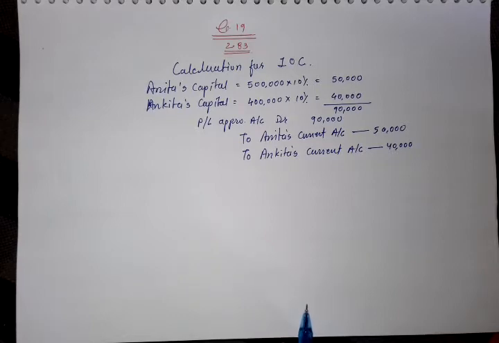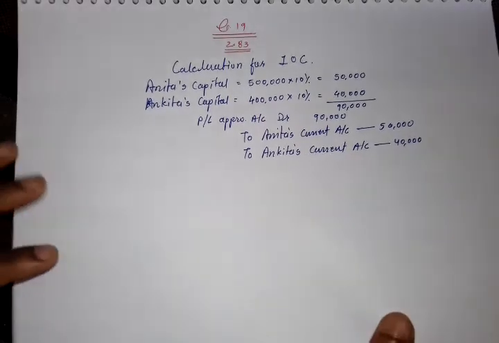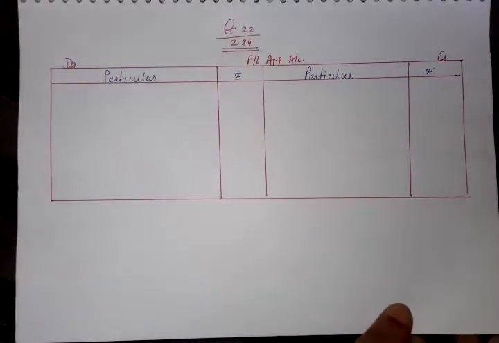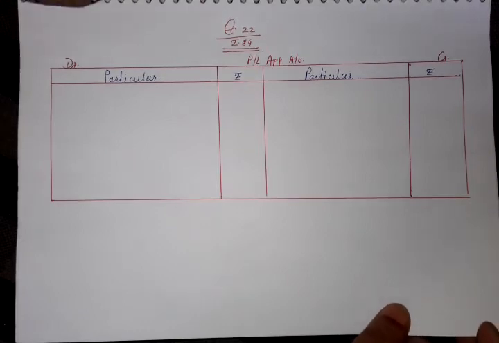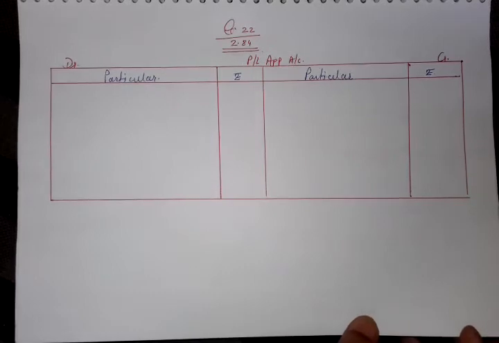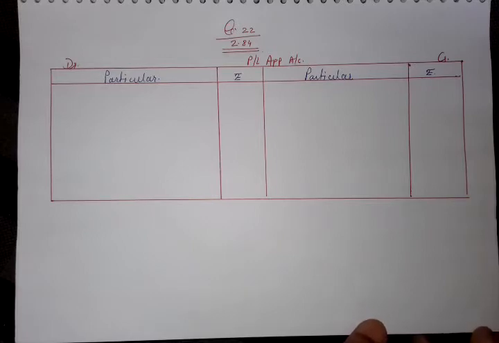the next question is question number 22, page number 2.84 of the book. Question number 22 says, on 1st April 2013, Jay and Vijay entered into partnership for supplying some equipment to a government school situated in a remote and backward area.